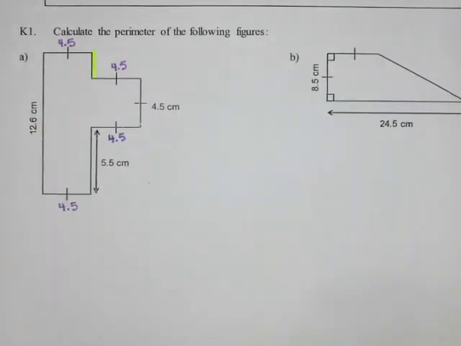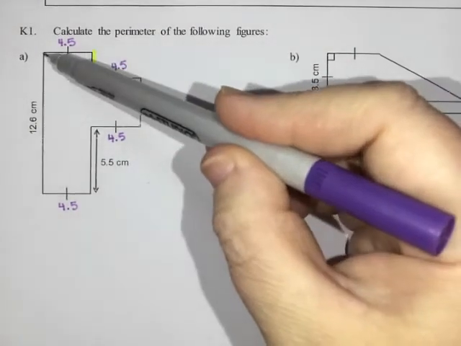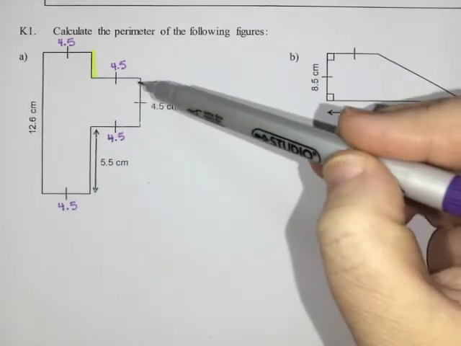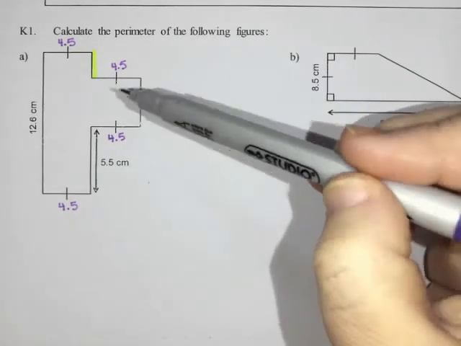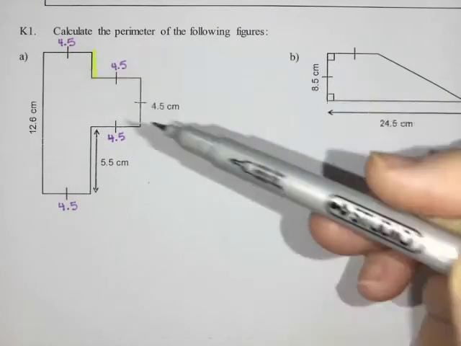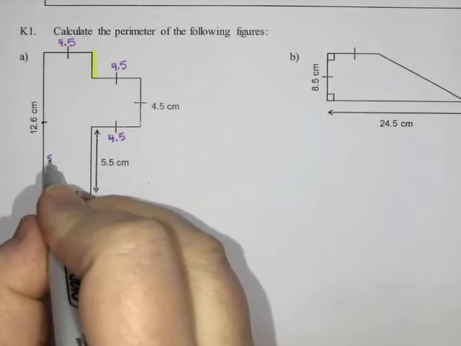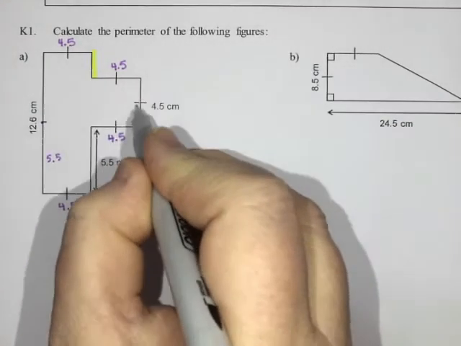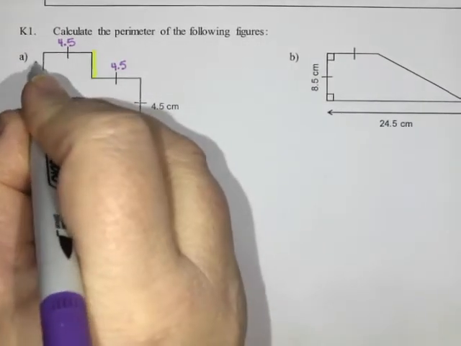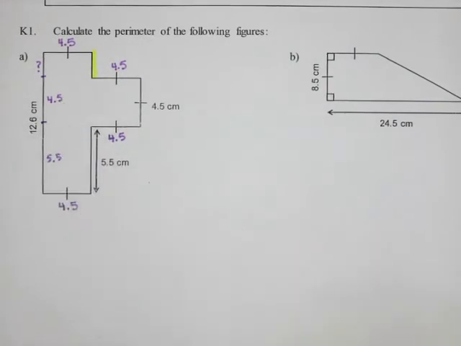there. So I'm going to look at all of the sides that are pointing in the same direction as this one. So this is 12.6 centimeters, this is 5.5 centimeters, this is 4.5 centimeters. So I should be able to use those 3 lengths to help me find this one. So if this part here is 5.5 and this point here is 4.5, then I can find this part by subtracting 5.5 and 4.5 from 12.6.